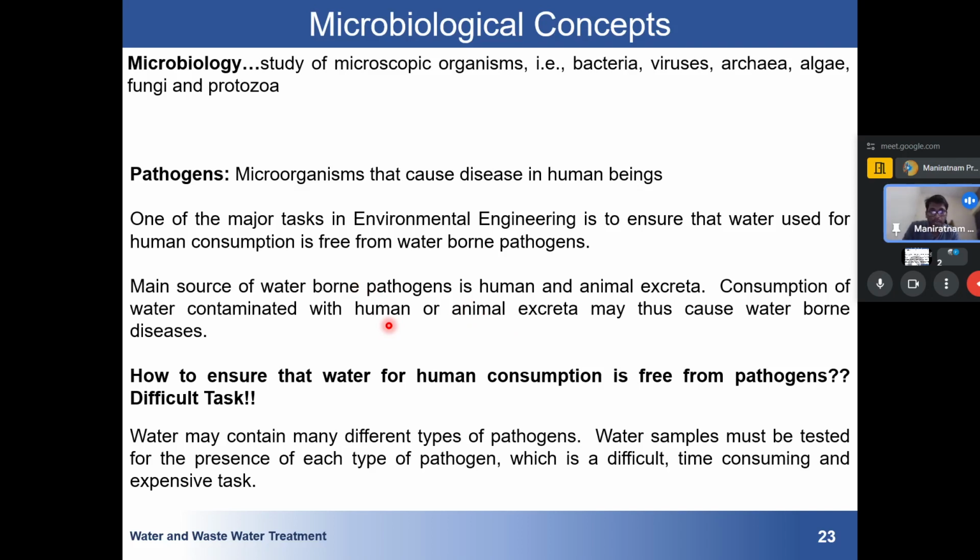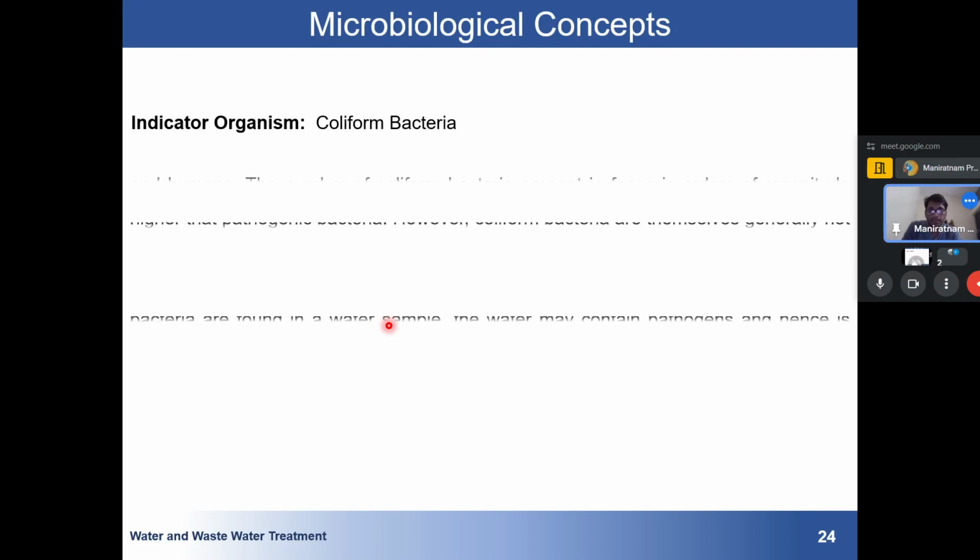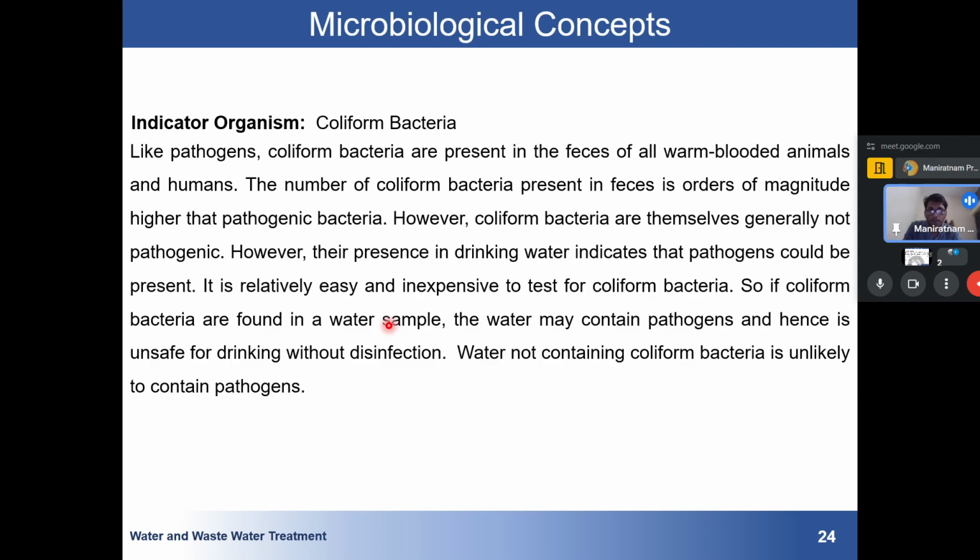Now I don't have any mechanism to measure each and every pathogen, but we have a mechanism to measure coliform bacteria. So it is saying that if coliform bacteria are present in the system, pathogens could be present in the system, and we know those pathogens are coming from human and animal excreta.